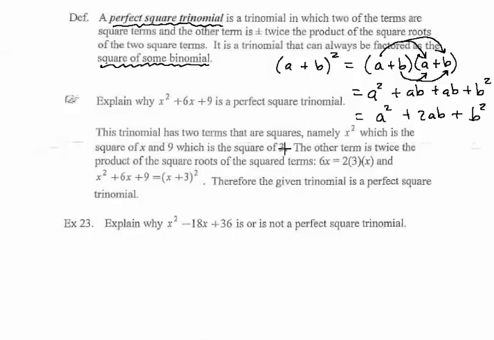Alright, so let's look down here at 23. We've already picked out one identifier of a perfect square trinomial, and that is perfect square terms. This is a perfect square, and the square root equals x. 36 is also a perfect square, and the square root of 36 equals 6.